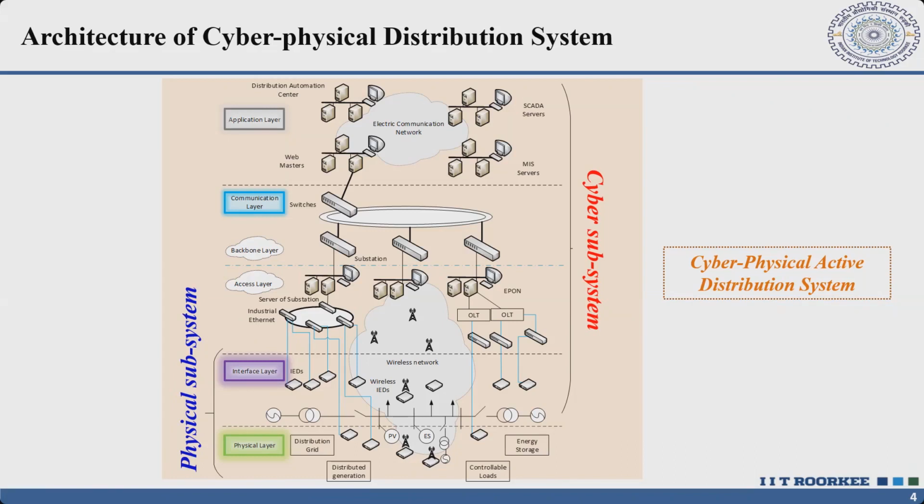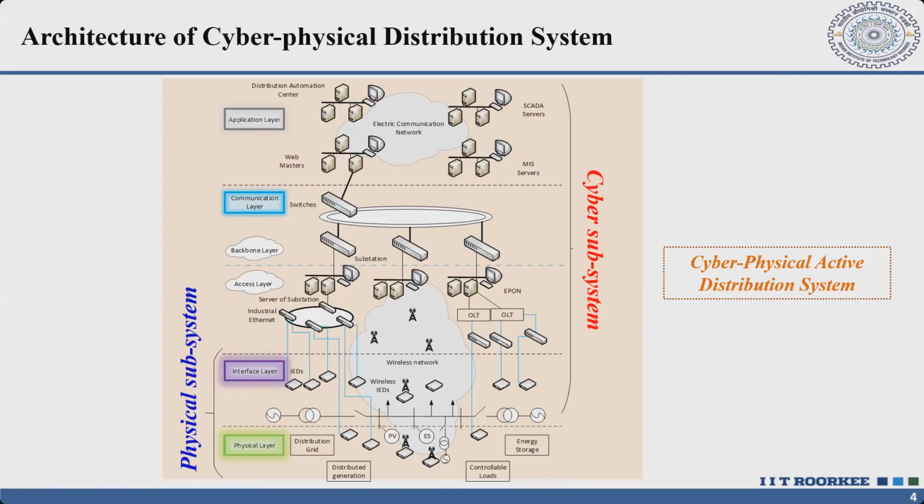Then comes the communication layer, usually divided into two parts: the access layer and the backbone layer. In this layer, just above your interface layer, the IED which has established the connection with all these smart devices in the physical layer transfers data over small distances using a Wi-Fi network.